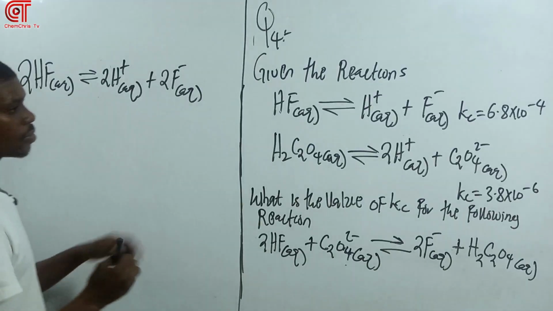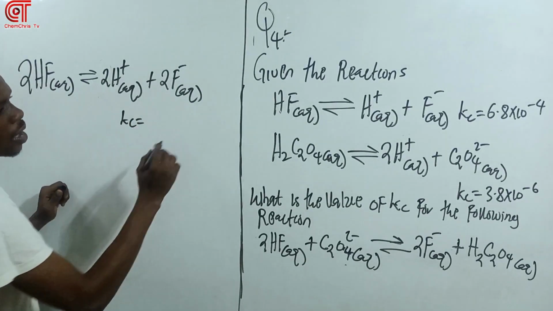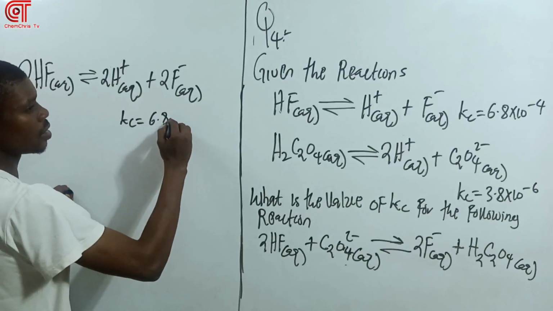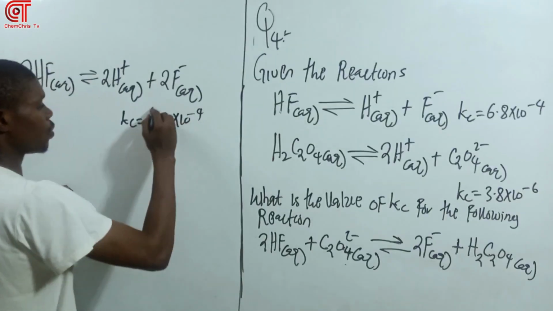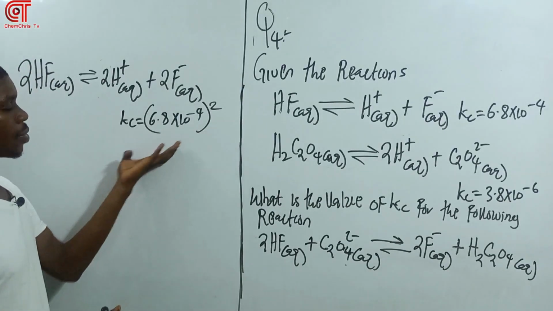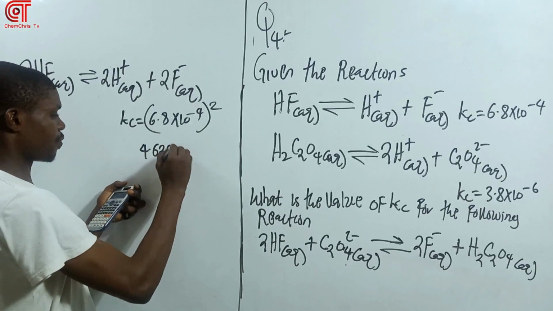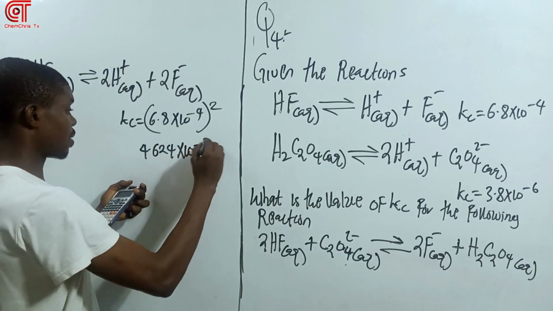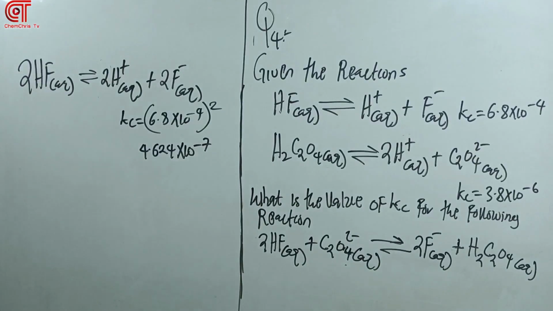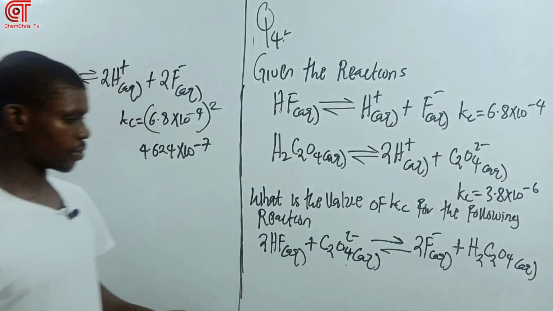So my Kc now, my Kc here is going to be 6.8 exponential minus 4, all this to the power of 2. Do you get that? So I want to get the answer: 4.624 exponential minus 7. So that is it. That is for the first one here. You get. So now let's look at this other one.